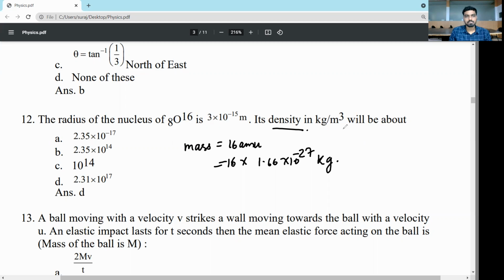See, mass is there and we need volume. Radius equal to R naught A power 1 by 3. Density is mass by volume. Volume is 4 by 3 pi R cube.